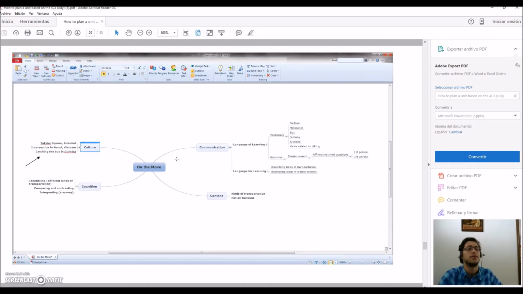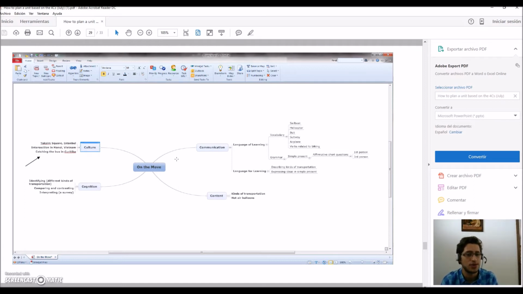The idea is that you plan maps like these and that you include them in your syllabus, just like Palmira, Popayán, and Pasto did, okay? Remember to include one map per term, and one term has 2 or 3 units, depending on how you distribute the book in the whole year, okay?